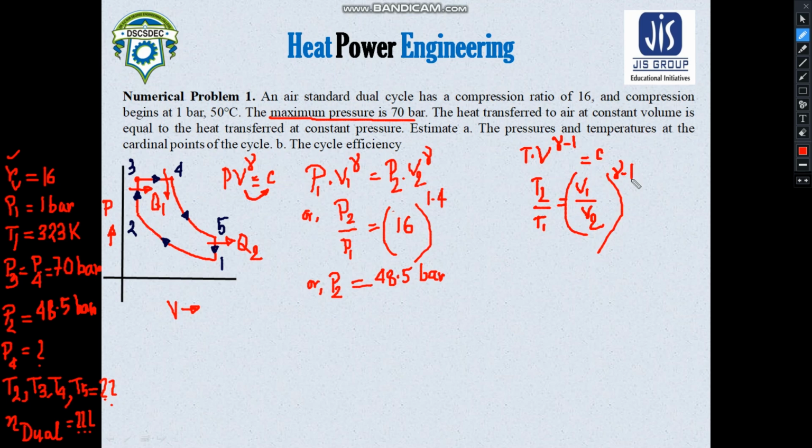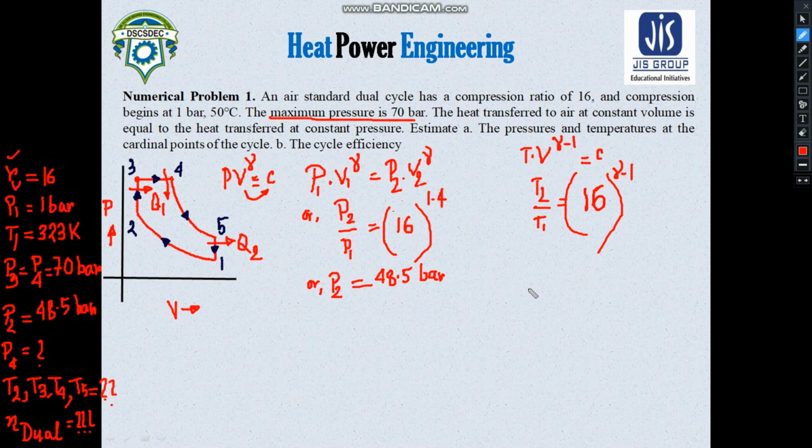That is as easy as it seems. Now again, V1 by V2 is nothing but the compression ratio, so we can simply write 16 over here.